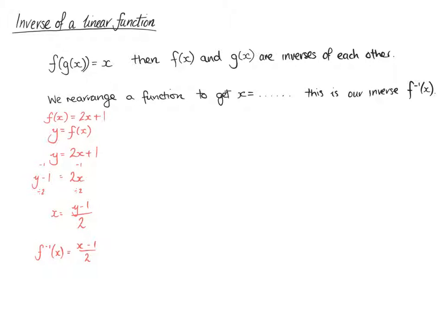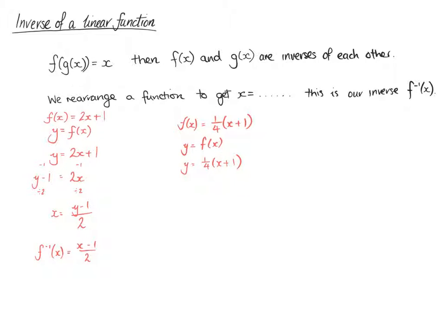I'll do another one. If we have f of x is equal to 1/4 x plus 1, we have to say that y is equal to f of x. It's the same steps for finding the inverse of linear functions. Every step is always the same. So we get y is equal to 1/4 x plus 1.